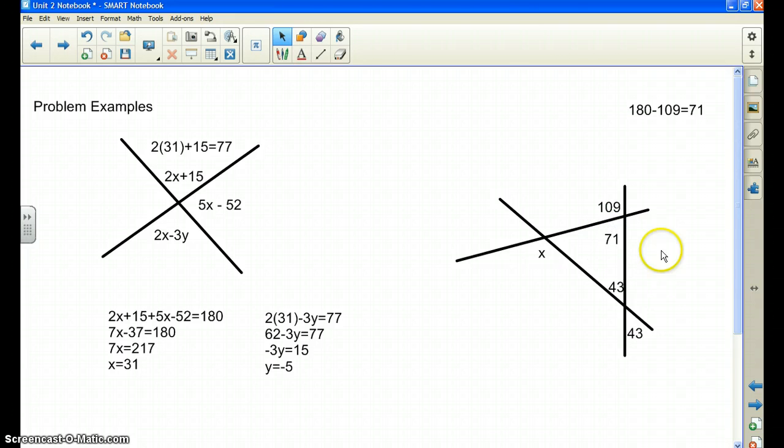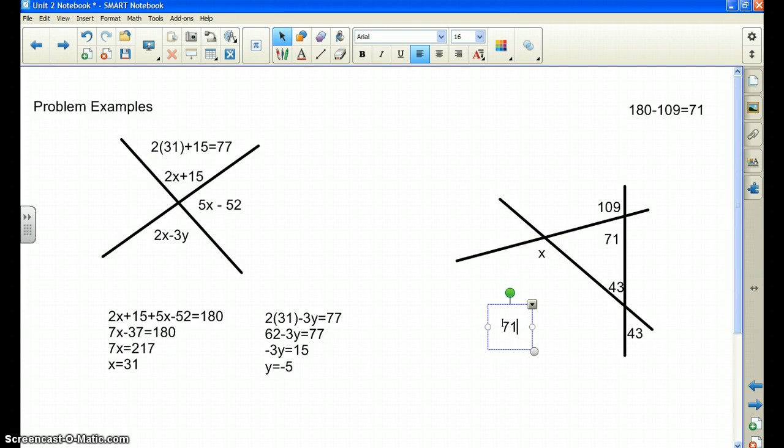Well, now I can find that missing angle x, because if I add those two together, that will give me this angle, and then these two angles are supplementary. So my 71 plus 43 equals 114. Okay, so then I can just do 180 minus 114, and that'll give me the missing angle of my triangle, which is 66 degrees.